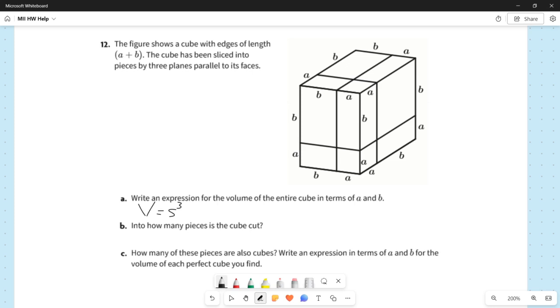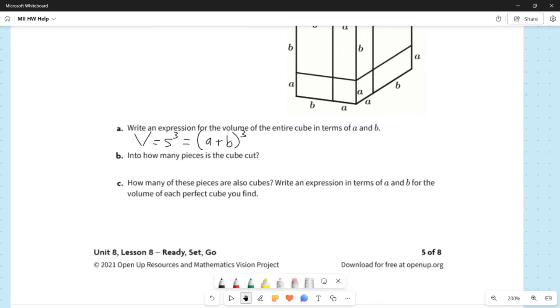That's what makes it a cube. And you take that side length and you just cube it. Well, we're told that the length is A plus B. So all I need to do for part A is say, instead of S, parentheses A plus B, because that is my side length, cubed. And that's it. That's my answer. That's the volume.